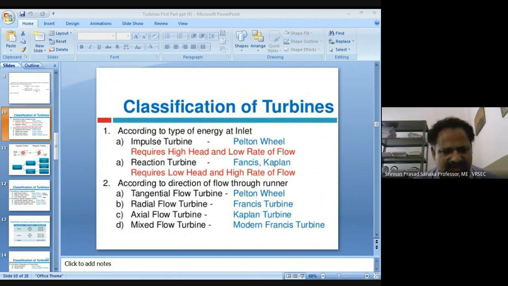The next is radial flow turbine. Radial flow turbine means from inlet to the outlet of the turbine, the flow takes place in radial direction.